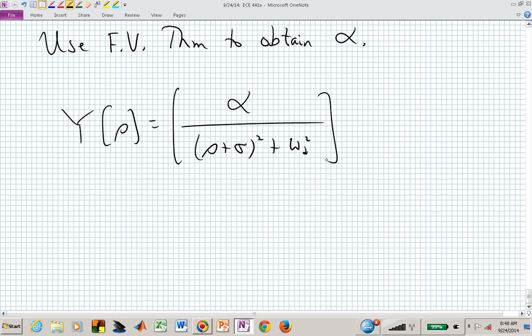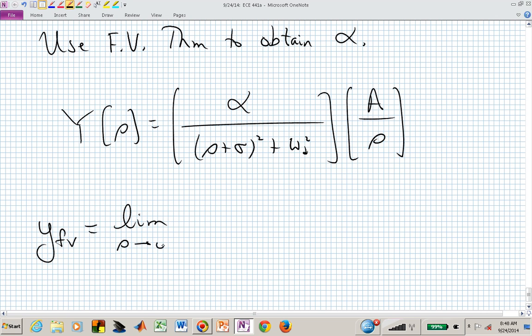But we've now found sigma and omega sub d. The only unknown now in that expression is alpha. And we hit it with a step of amplitude A over s. We now say, oh, y final value, and this is the unbarred, this is the original output, this is now the limit as s goes to 0 of s y of s. And what happens there? Well, the s on the far right cancels with the s in front.